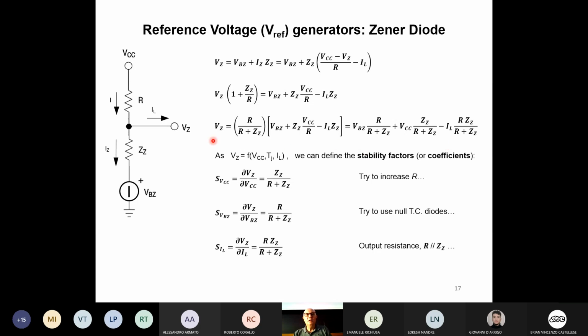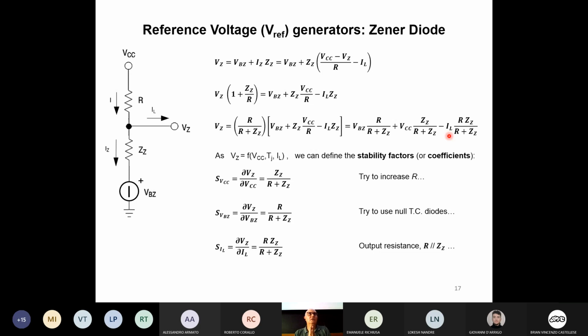Well, in this formula, I have the output. I will calculate the output voltage just considering the parameters that are in my system. Okay, so I know the breakdown voltage for the Zener diode. I know its dynamic resistance, ZZ. And I know the power supply voltage, VCC, and I know the load current.